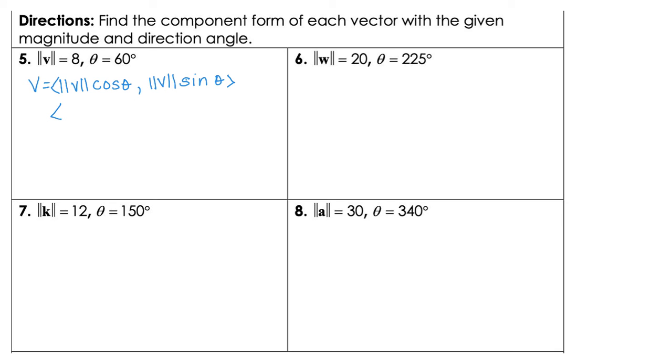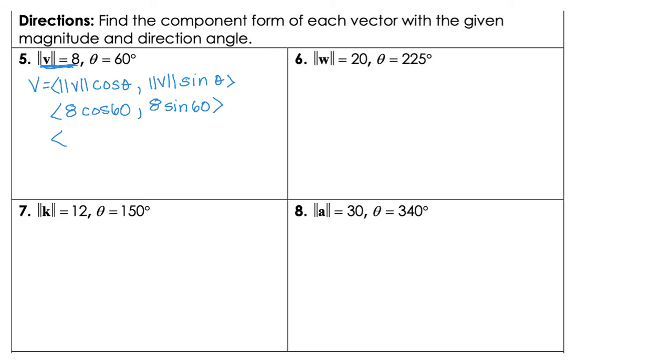And so we know the magnitude is 8. So I'm going to plug in 8 cosine 60, comma 8 sine 60. Again, we were given that. And then from our unit circle, we're going to have to break out the unit circle.